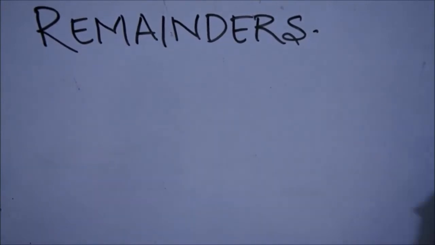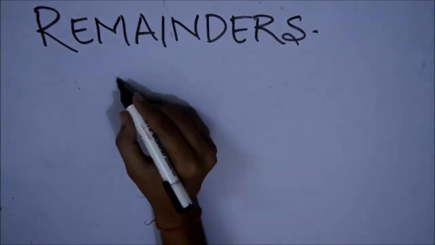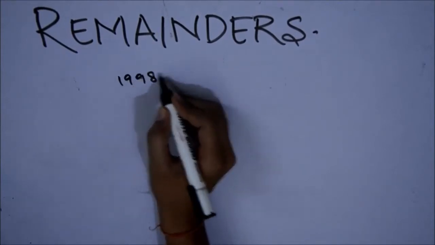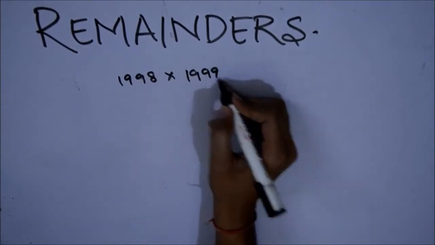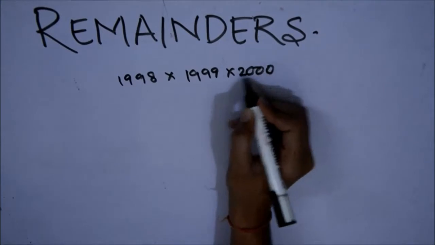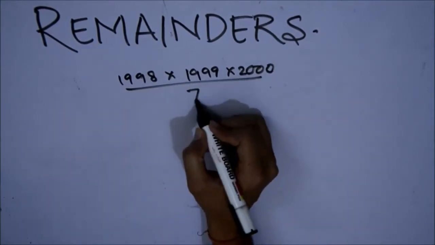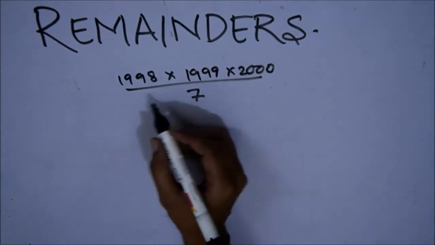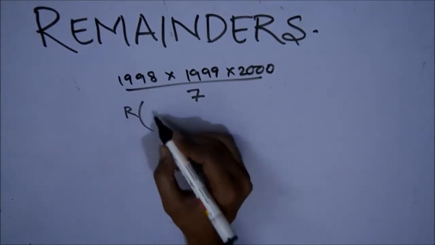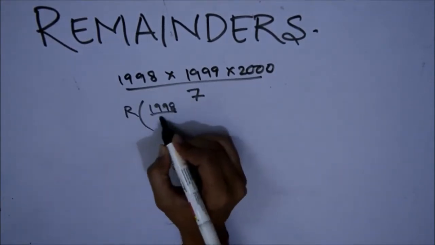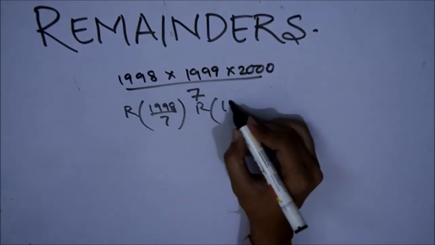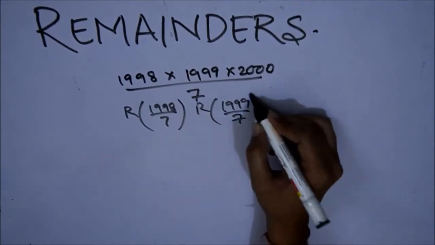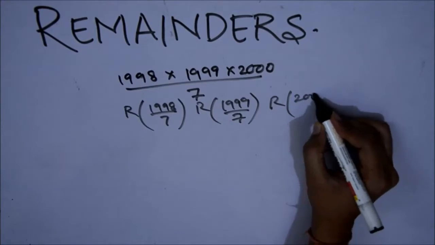Now in this question it might not seem as simple, but suppose there is a question: what is the remainder when 1998 into 1999 into 2000 is divided by 7? If you go about multiplying these three, it's very difficult. So what we do is, we find the remainder of 1998 by 7, the remainder of 1999 by 7 and the remainder of 2000 by 7.